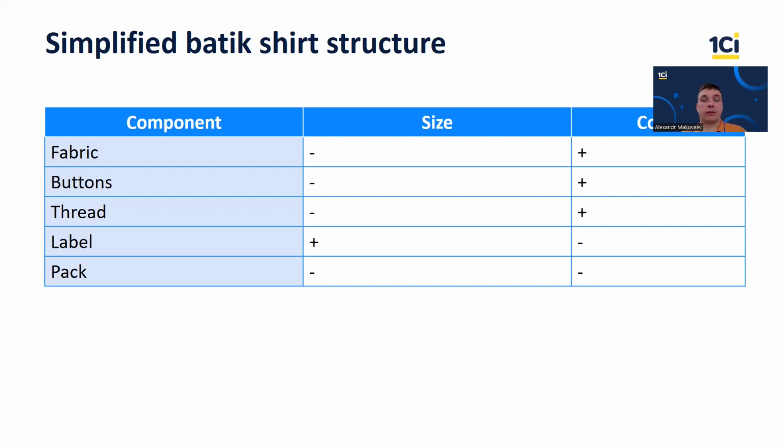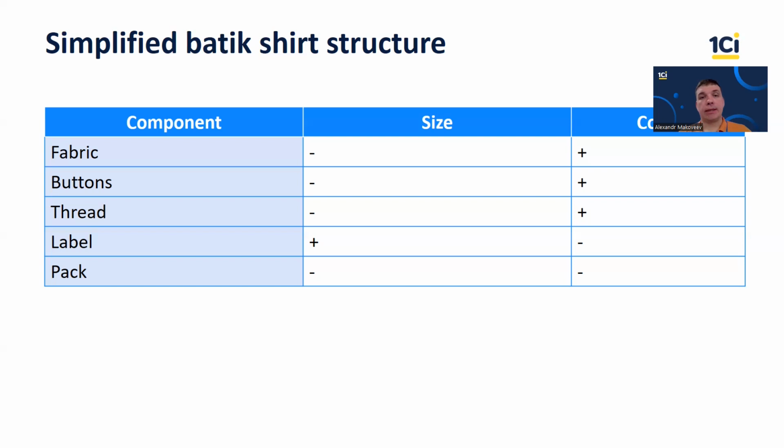We will have just 5 components, but it will be enough to demonstrate how it works. In this table we have 5 components and 2 additional attributes, size and color.